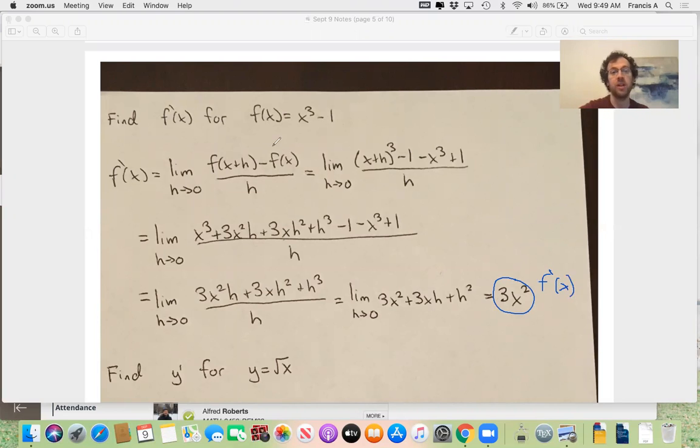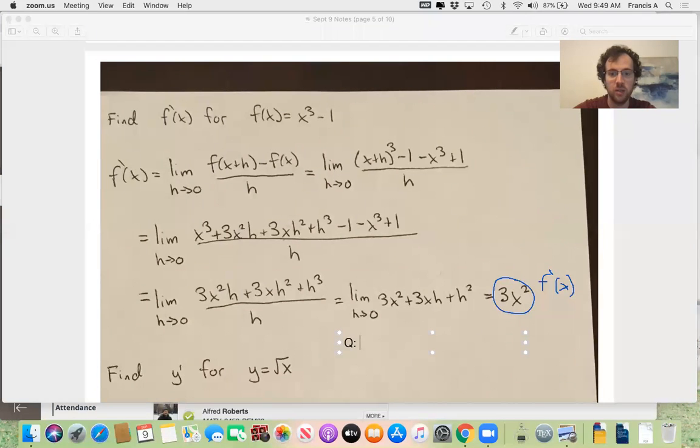This is the formula that says you want to know the slope of the tangent line of x cubed minus 1 at any point. We'll take that point, put it into for the x here, and the number you get is the slope that you want.